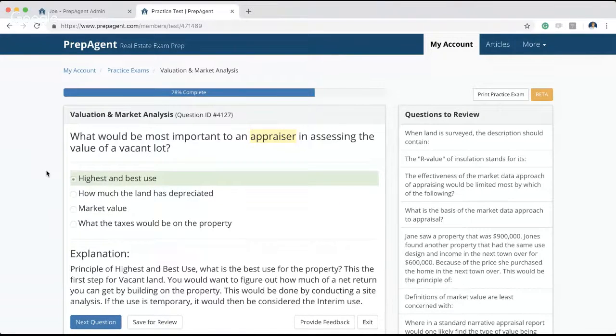Who here can tell me how to figure out the gross rent multiplier? How do you figure out the gross rent multiplier?